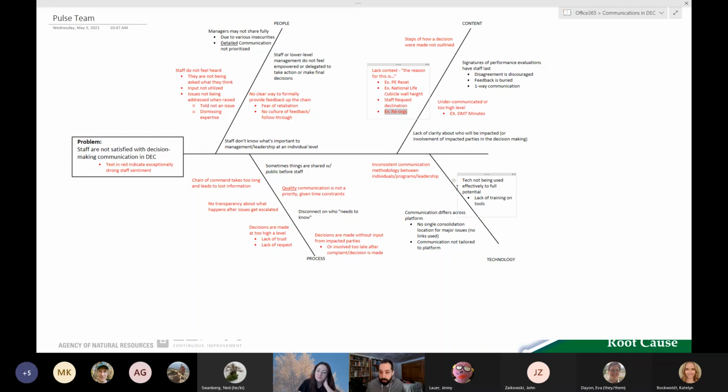It's a really great foundational tool for problem solving. It leads into so many things that we talk about in lean and continuous improvement that you really can't go wrong with doing a root cause analysis of some kind, 5 whys if you don't have a lot of time, or fishbone diagram if you can afford the time to really dig in.